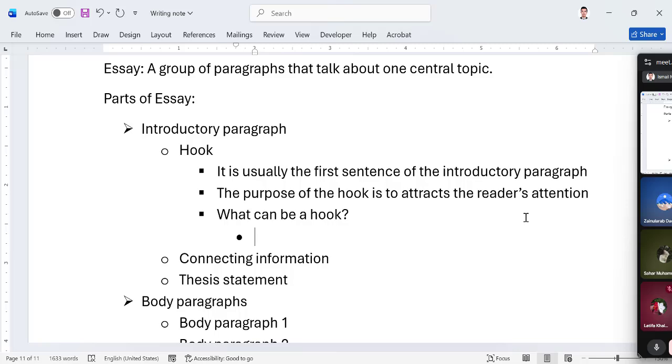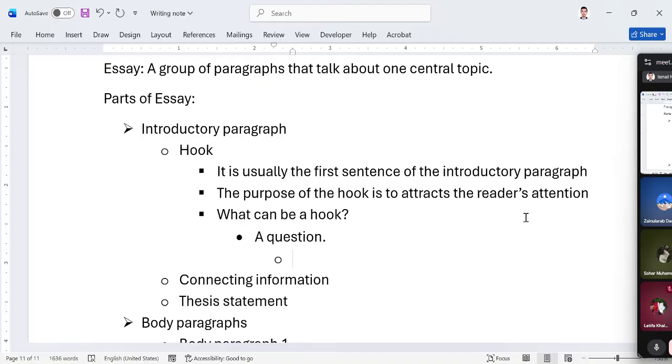So what can be a hook? A hook can be, first of all, a question. We can start our essay with a question. A hook can be a question.